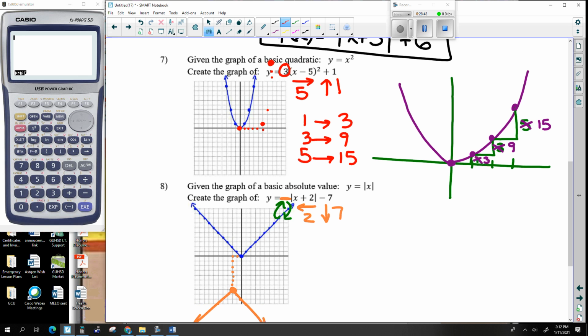I'm way off the map already. Go over up 3, over up 9, and so it stretches it vertically. So any changes that you make vertically, you have to multiply by 3. So again, establish the key point and then worry about outside negatives or multiples of 3 and things like that.